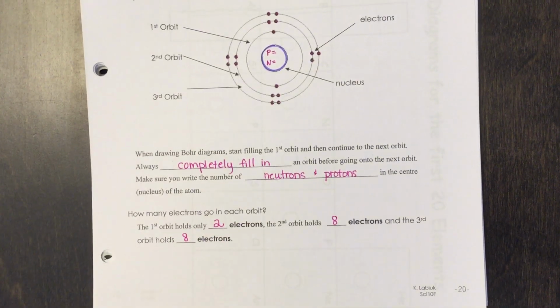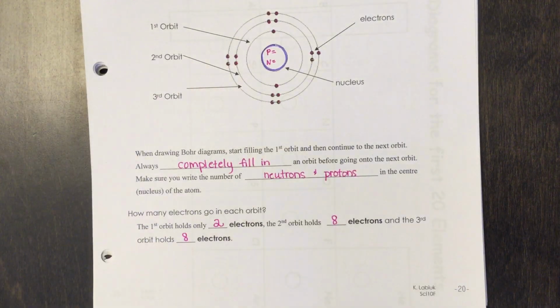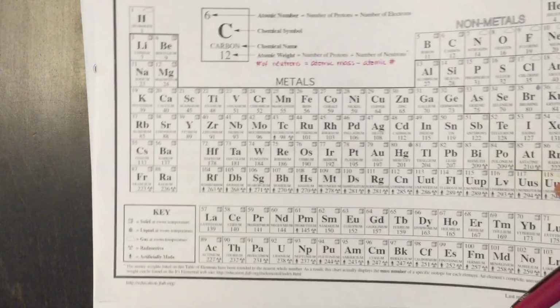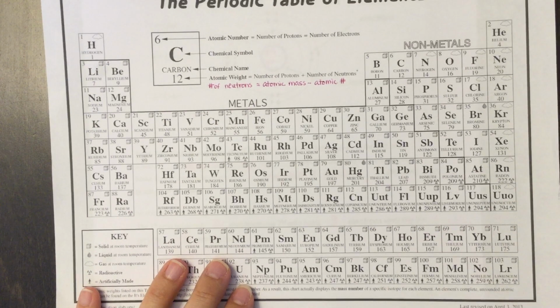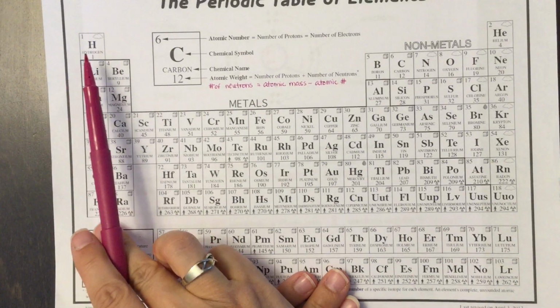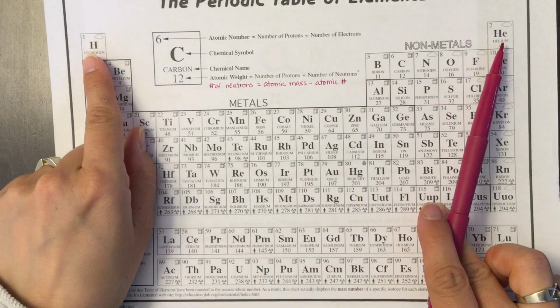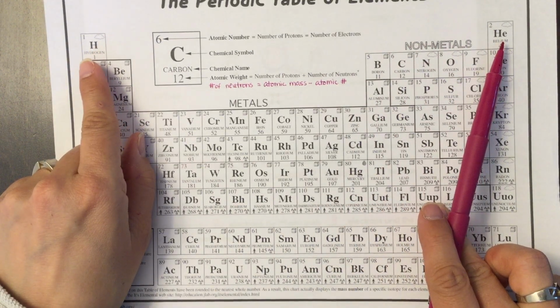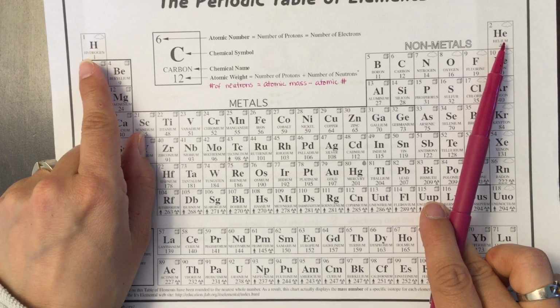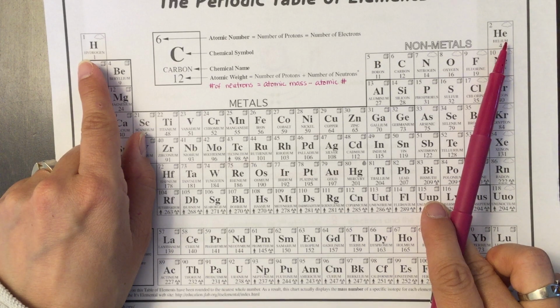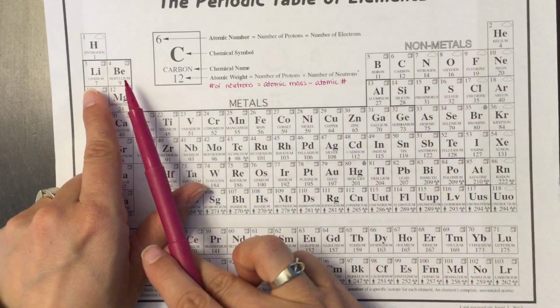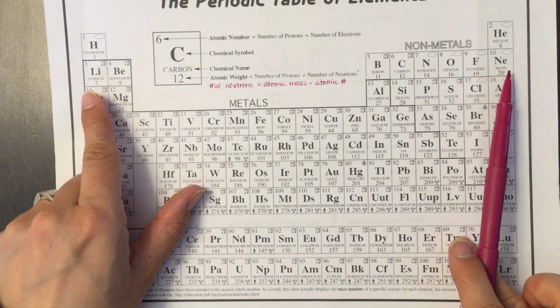Okay, so I'm going to show you a trick for how to figure that out on the periodic table as well. So if you have your periodic table out here, notice how the first row only has 2 elements in it. Well, the elements in that first row only have 1 shell, and the most electrons they can have are 2. Notice how the second row has 8 elements in it.